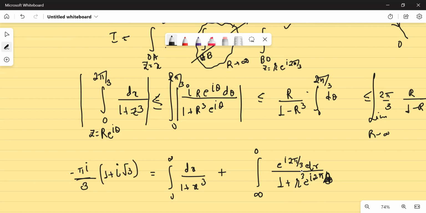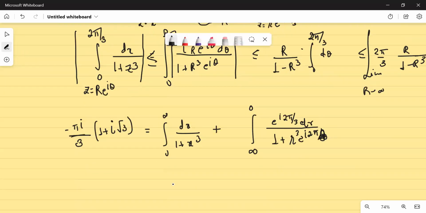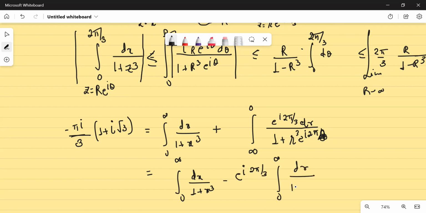Okay, and you can clearly see that this e to power iota 2 pi is 1. So I will simply write e to power iota 2 pi as 1 only. So here you have integral 0 to infinite dx upon 1 plus x cube, and you have minus e to power iota 2 pi upon 3, and integration 0 to infinite dr upon 1 plus r cube.